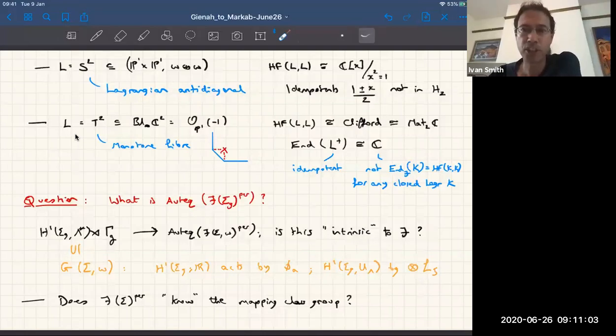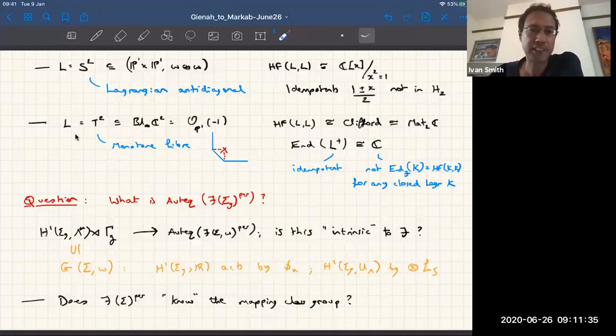Its Floer cohomology is a Clifford algebra, which is just a matrix algebra. So again, that has non-trivial idempotents. And if you take one of those idempotents, the endomorphisms of that particular perfect module is just rank 1. So that's not something that has Poincare duality. It's not something that could look like the endomorphisms of any closed Lagrangian.